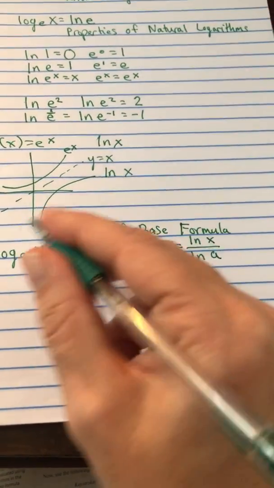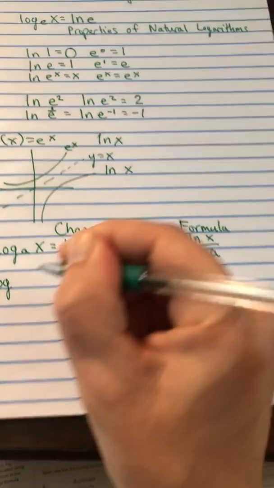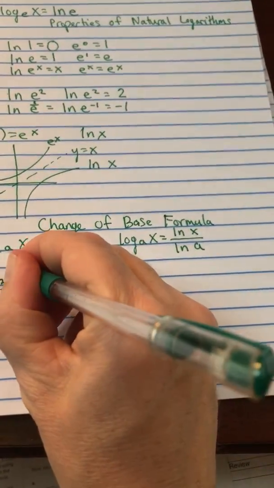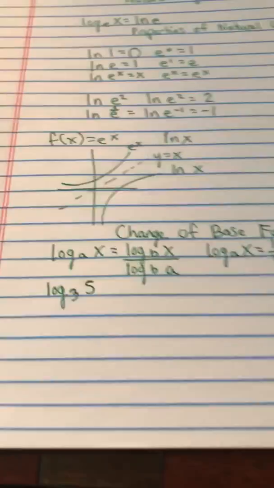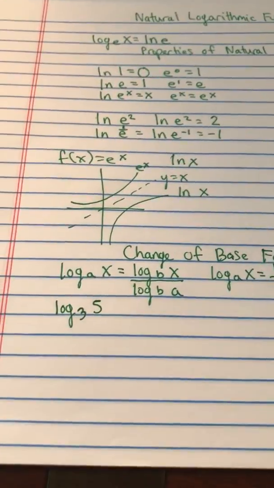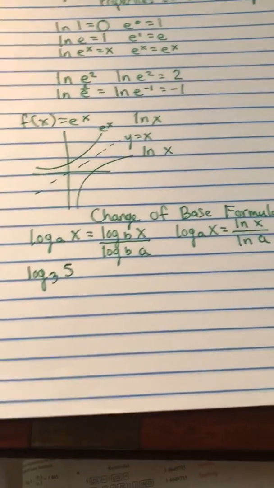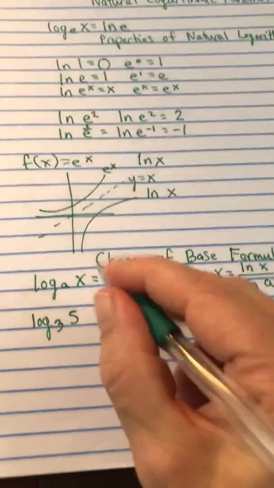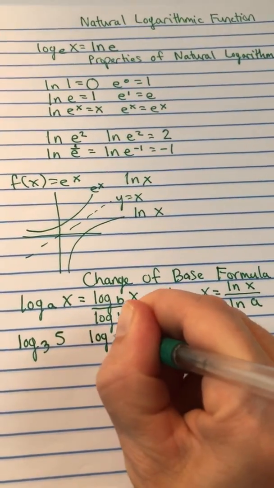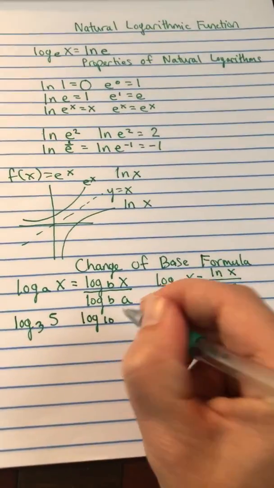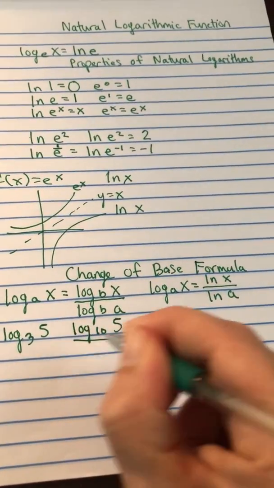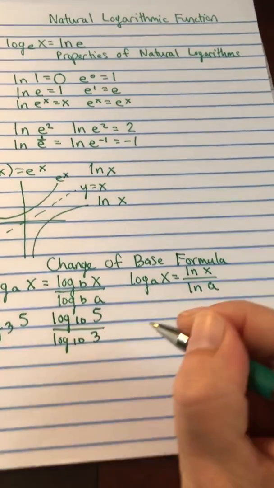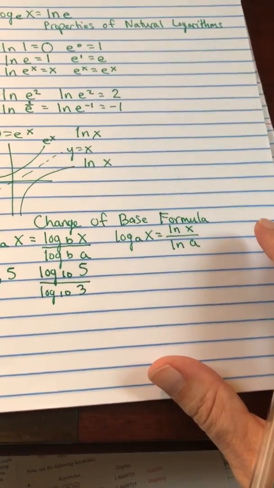Okay, so we want to evaluate the log base 3 of 5. Okay, 3 to the what equals 5. If my battery's running low, so if you missed that. 3 to the what equals 5. So how we're going to do that is we're going to say log base 10 of 5 over log base 10 of 3. Okay.